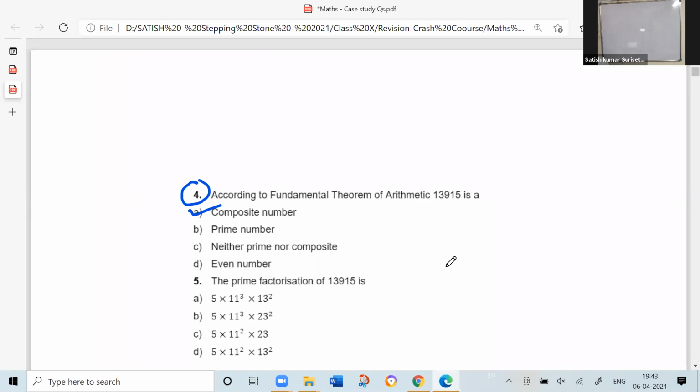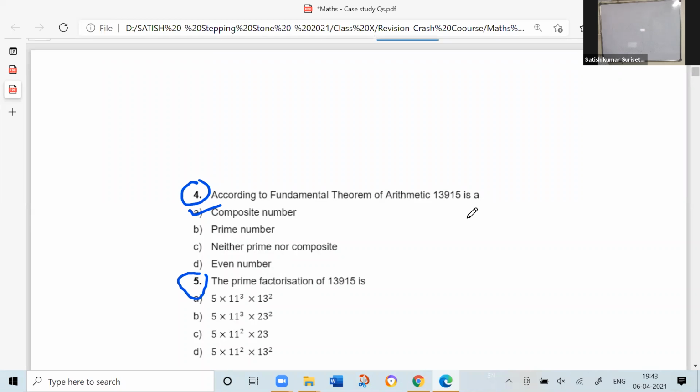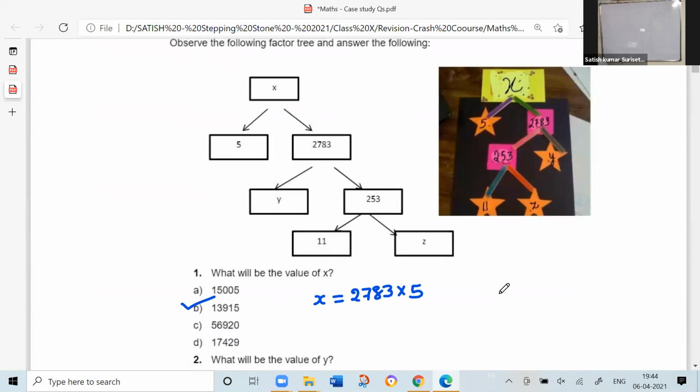Next, the prime factorization of 13915. Now, from the factor tree, because you already have calculated the values of X, Y, and Z, you can say the answer easily. If you want, you can see the factor tree.